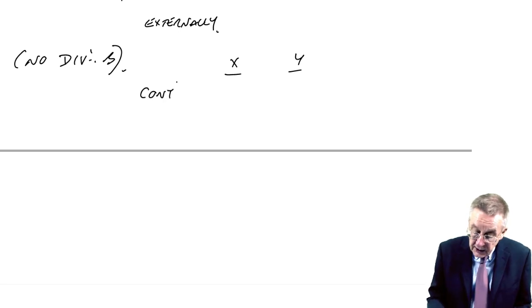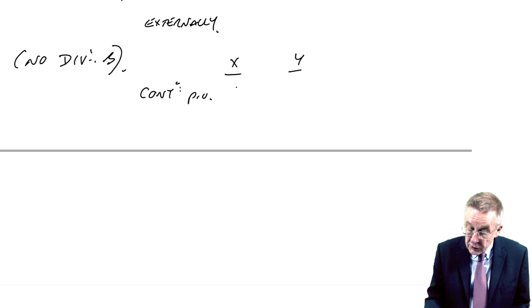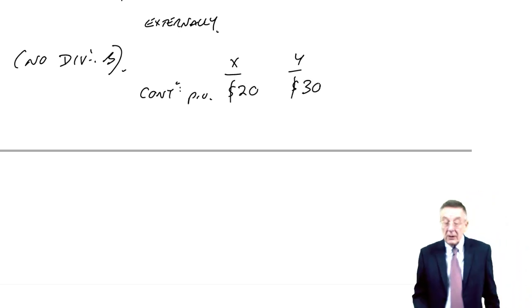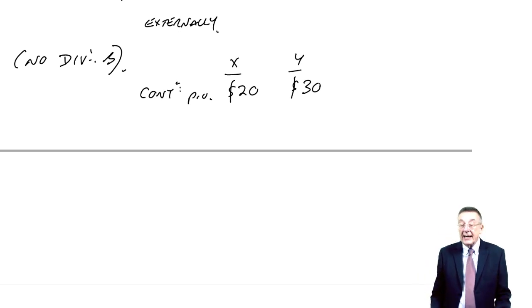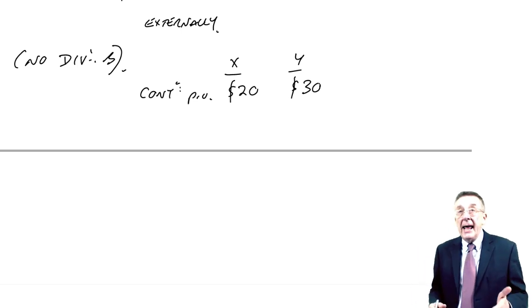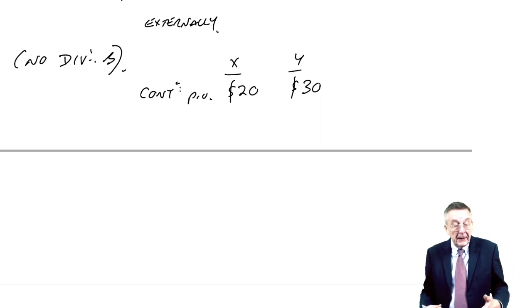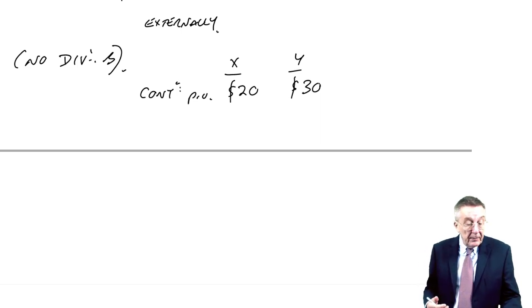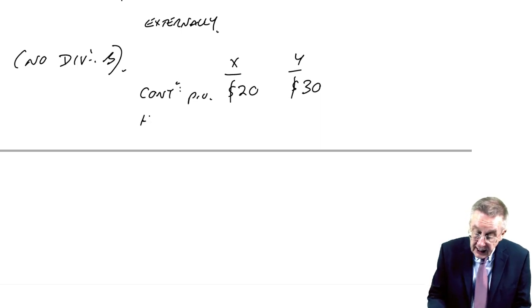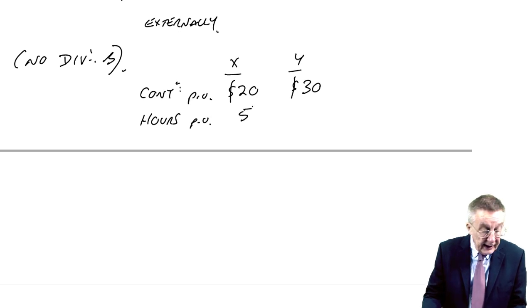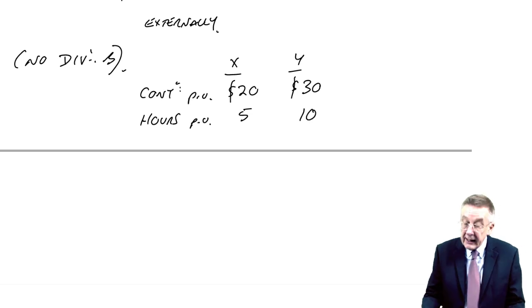The contribution per unit, X gives 20, Y gives 30. So Y gives a bigger contribution, but remember, with limited labour available, that will limit how many we can actually produce. And the labour hours required for each product, the hours per unit: X requires 5 hours, Y requires 10.